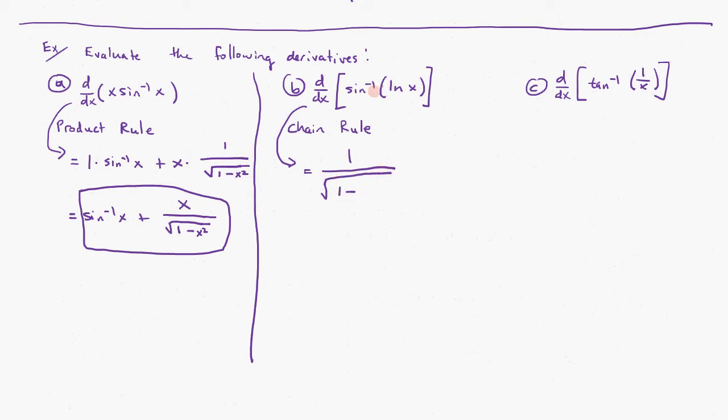Instead of putting x, because it's a composition of functions, I need to plug the inside function in. That's the derivative of the outside function, leaving the inside function, times the derivative of the inside function; the derivative of ln of x is 1 over x. Simplifying, this is 1 over x times the square root of 1 minus ln of x squared.